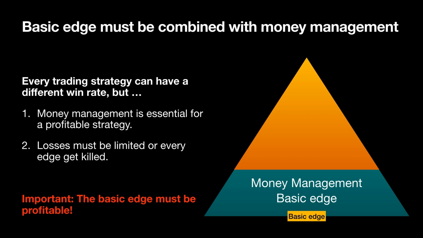So you can trade the best trends, you can make 1,000% on a stock, but if you let the stock go down 100% because the company is bankrupt or something is wrong with the company in general, then you lose your edge. So you must limit your losses. And money management is the key. Money management is really the key to bring this edge to life.